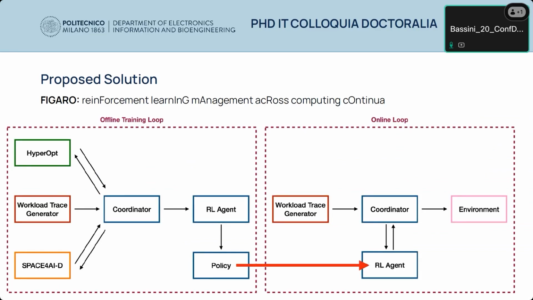One is an offline training loop, and the other one is an online loop, meaning that the offline training is based on the fact that offline, we know what the expected behavior of a reinforcement learning agent is, while then we deploy it in a real environment. So basically we teach it how to behave in a scenario that we fully know, because, as I was saying, we know at design time how the agent is expected to behave when it's behaving best.